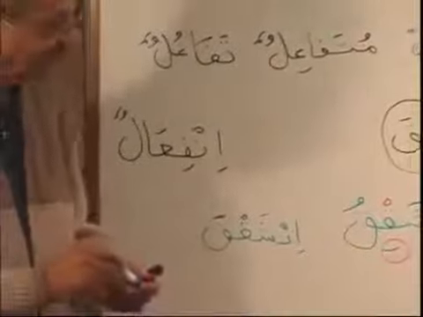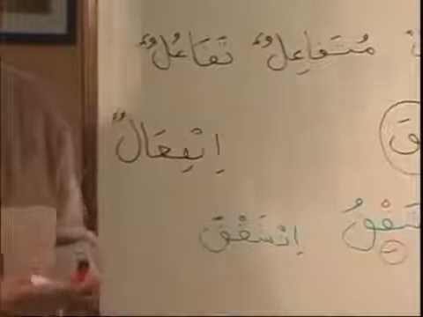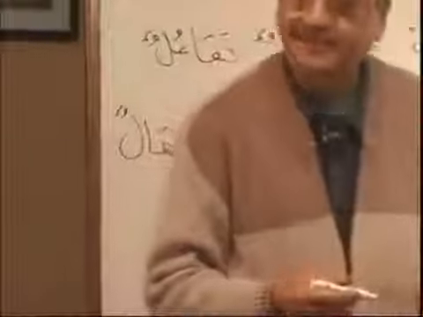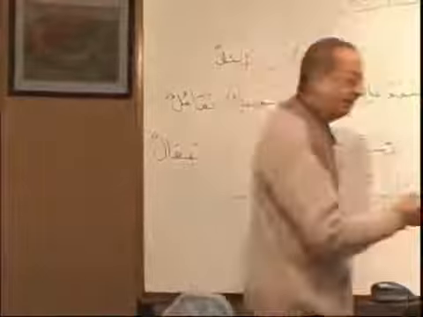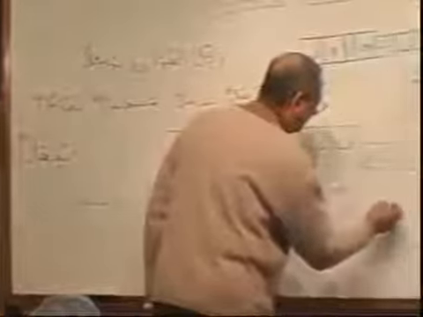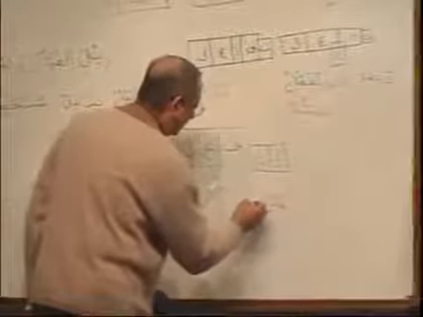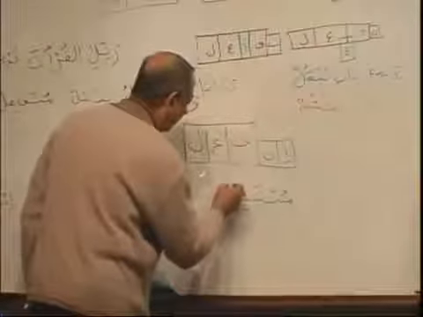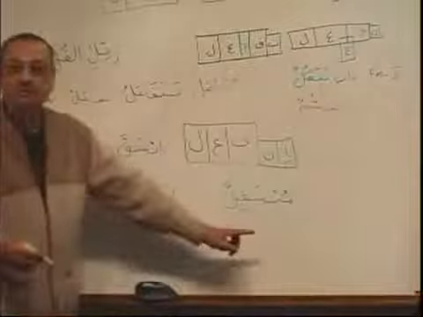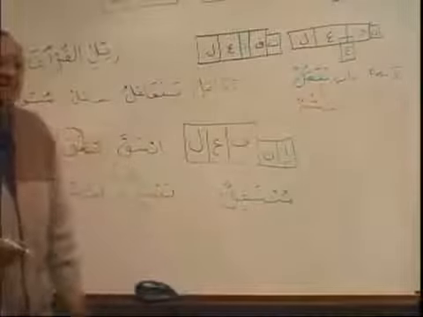What will be the ism fa'il? This is very important. Break it down and make it. Munshaqikun. What is it? Munshaqikun. Again, brother, ain kalima and lam kalima are the same.